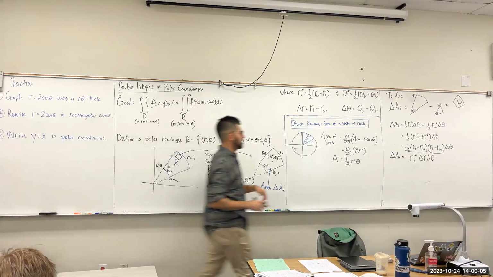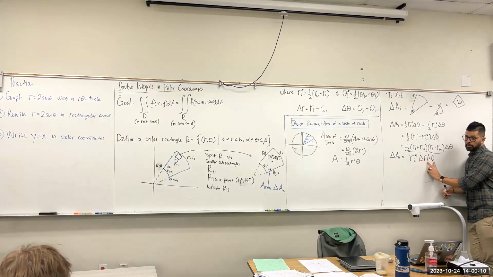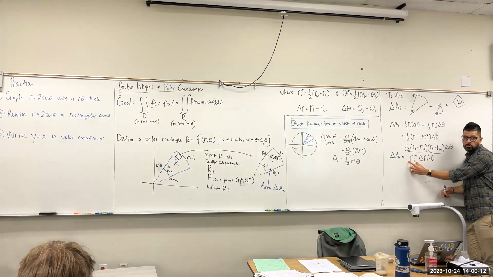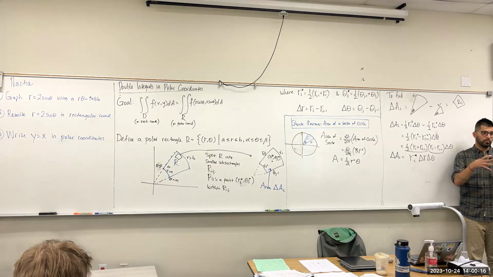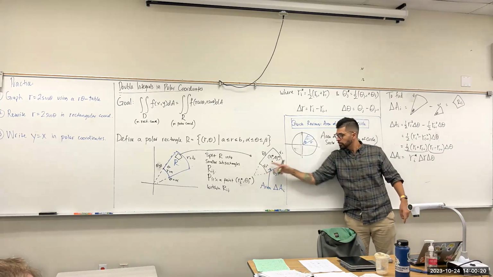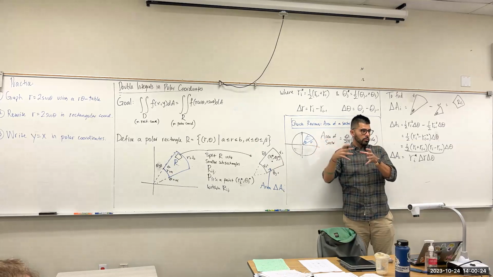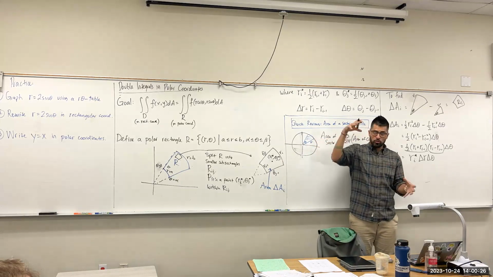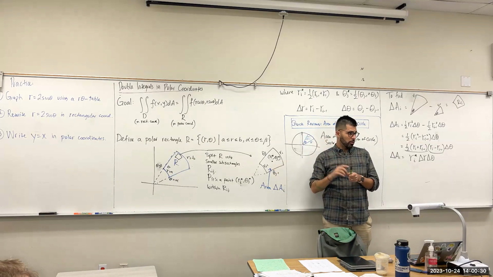That's because this will be the same and this will be the same, but this is what's going to change. It stretches the area by a factor of r_i star. The farther r_i star is from the origin, the bigger the area is going to increase. So that r_i star controls the change in the area of how it's going to grow.